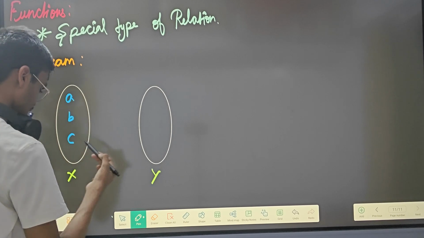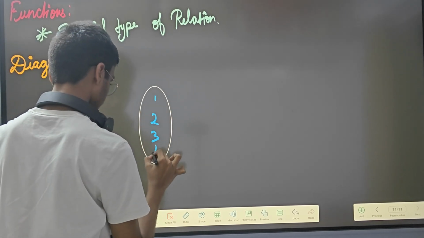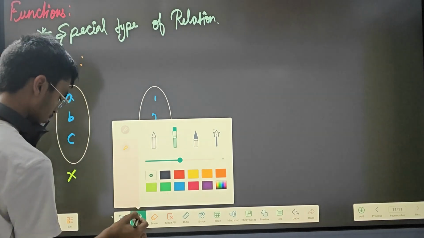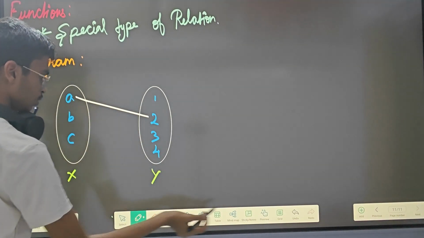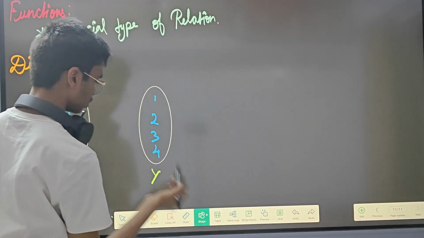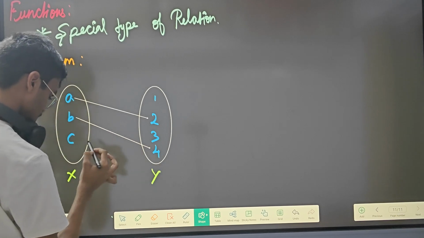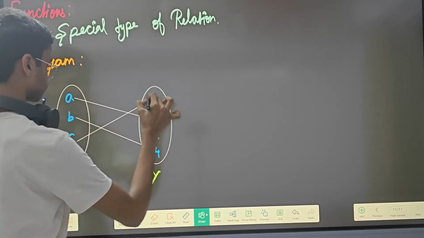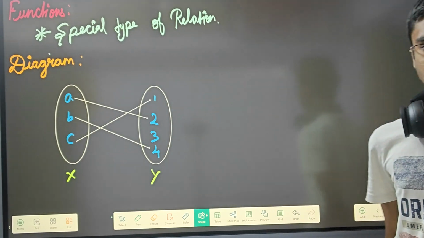A, B and C I have, and here I have 1, 2, 3 and 4, where we have mapped A to 2, B to 4, and C to 1. So is this a function or not?